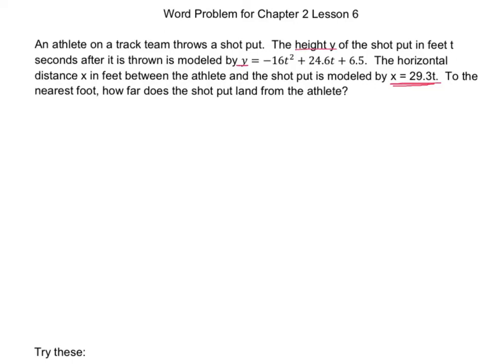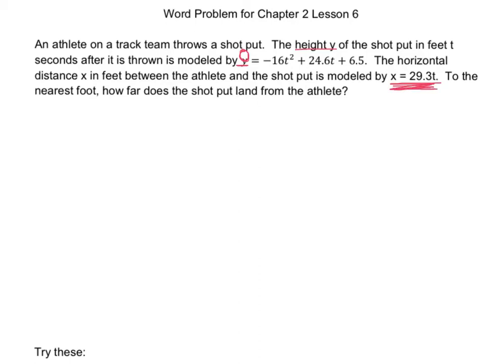When it hits the ground, the height will be 0. So we are looking for zeros, and we know that the quadratic formula can find the zeros for us. So we need to take that equation and plug it into the quadratic formula. We can simplify that to find t. We can then plug t back in up here to find that distance.